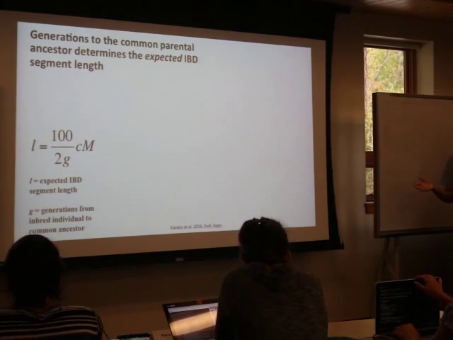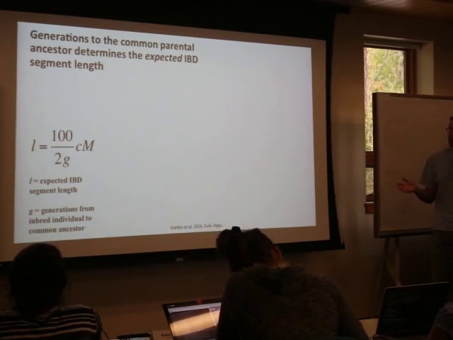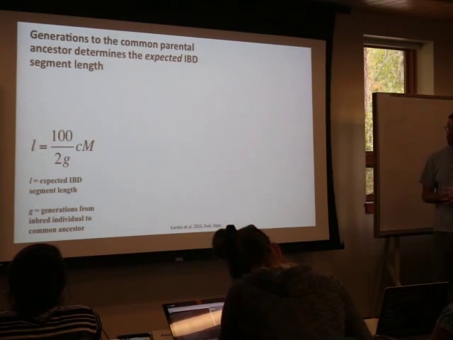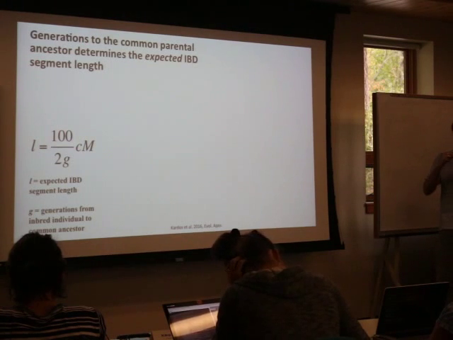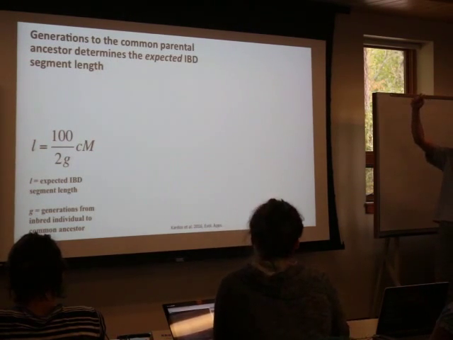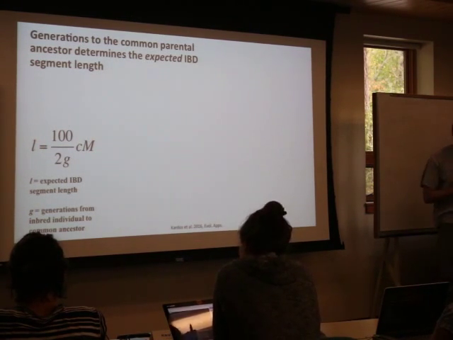So we have these identical by descent chromosome segments, and they have a distribution of lengths. The expected length of an identical by descent segment is determined by the number of generations separating an inbred individual from the common ancestors of its parents.